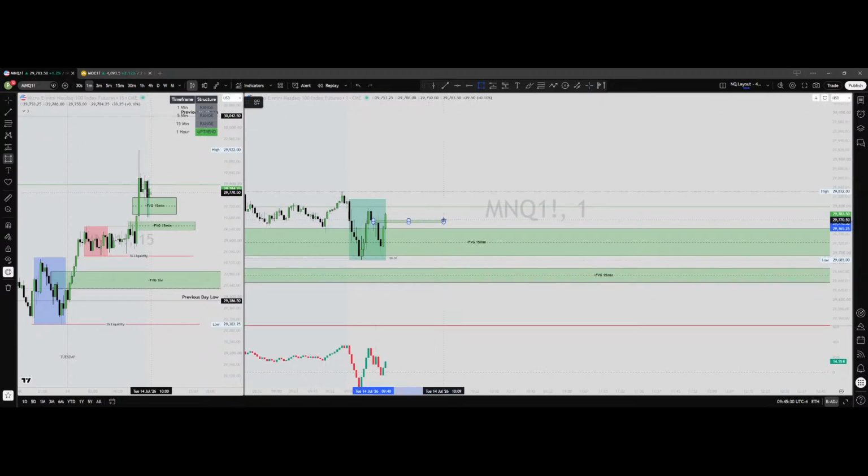Okay, might be looking to take a long at this level, this order block, if a good candle closes above that. That's 80 points of stop loss.